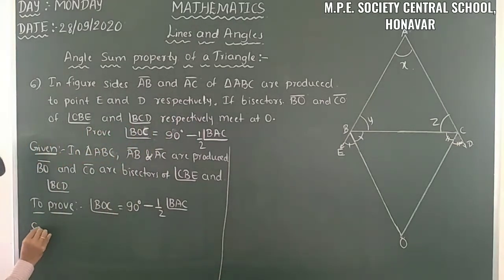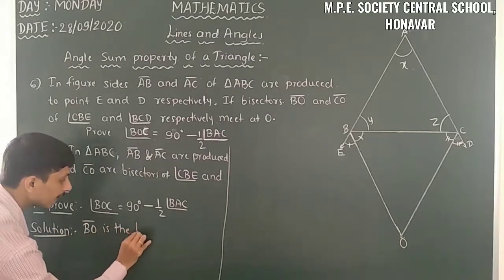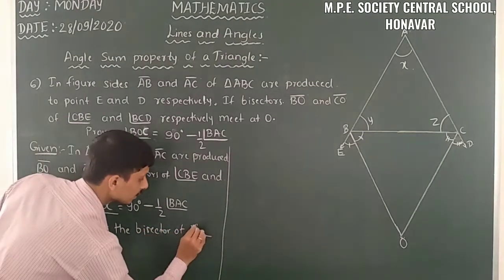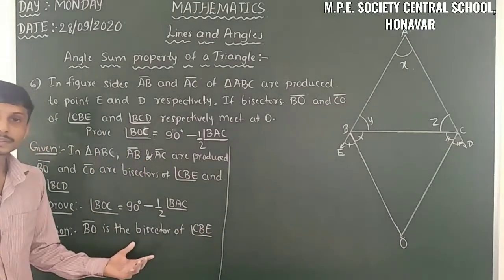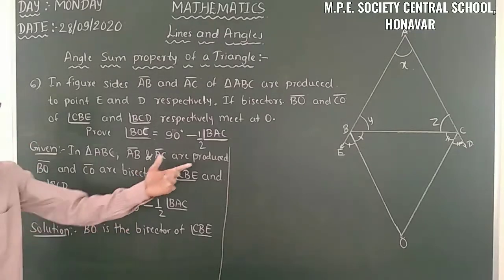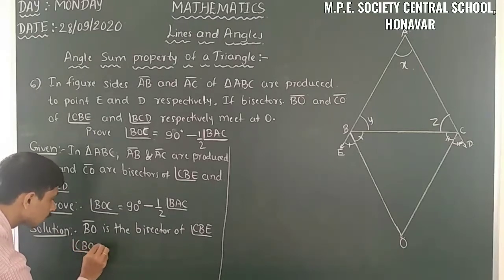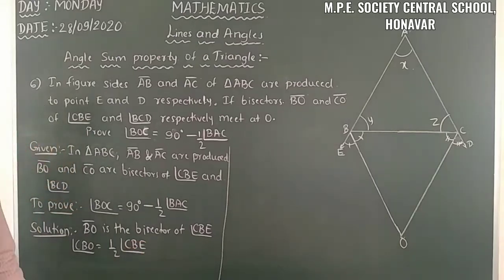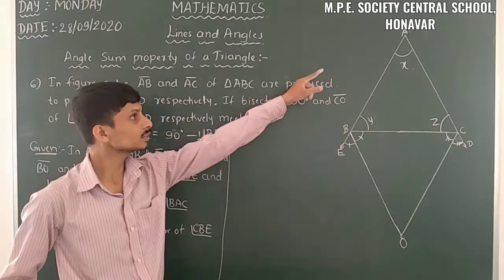Solution. BO is the bisector of angle CBE. That means angle CBO is equal to half of angle CBE. So just observe, BC is a ray, stands on AE.